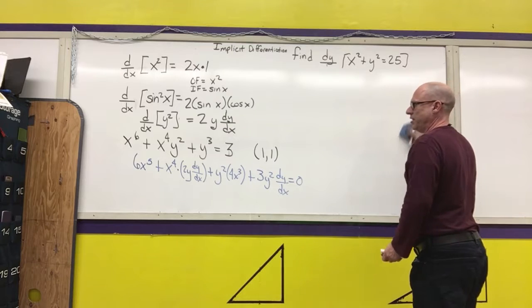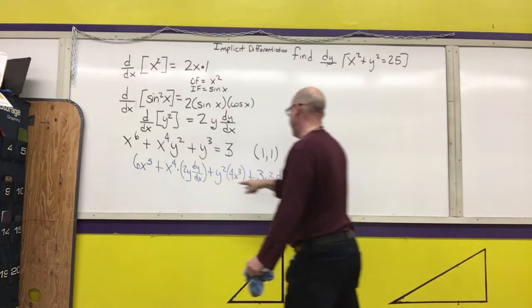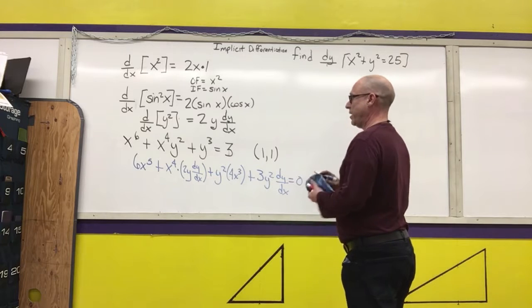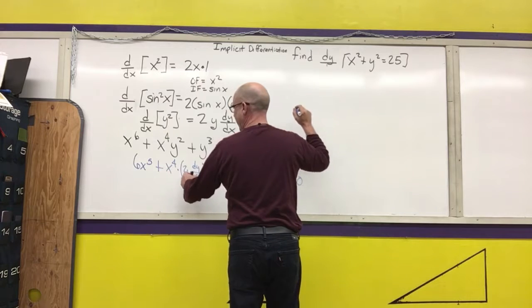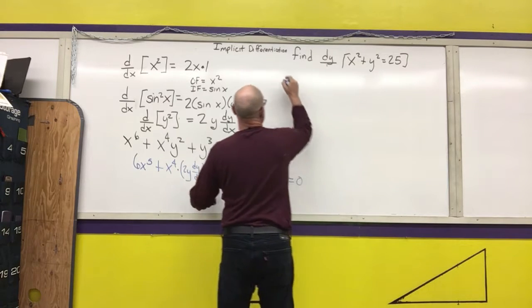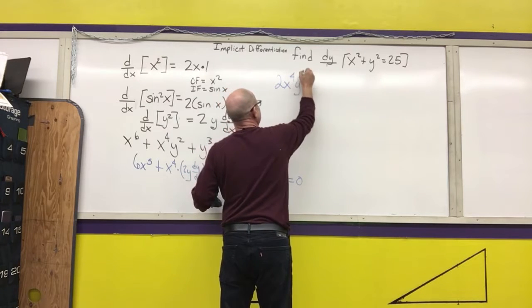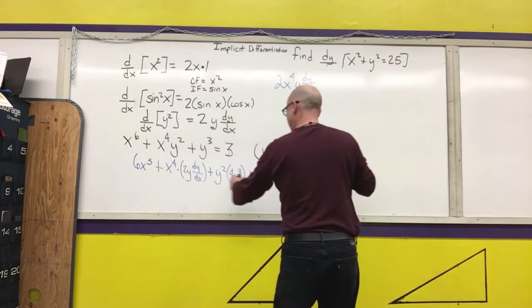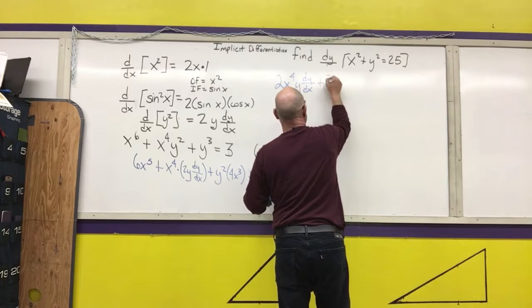So what I need to do now is solve the equation for dy/dx. In order to solve for dy/dx, I need to move everything that does not have a dy/dx in it to the right-hand side of the equation. So on the left-hand side, I'm going to end up with 2x to the 4th y dy/dx and the 3y squared dy/dx.